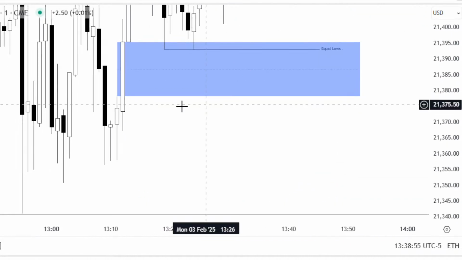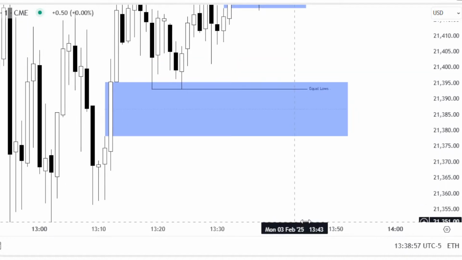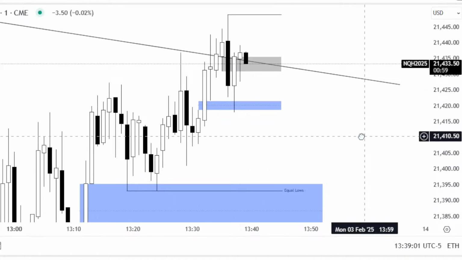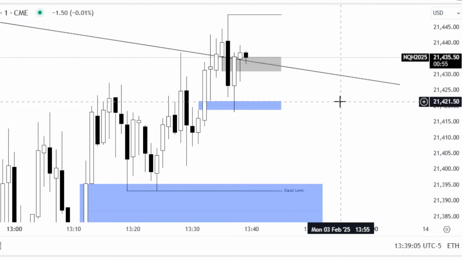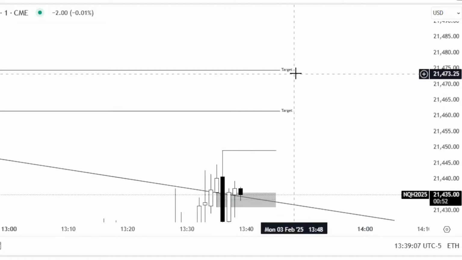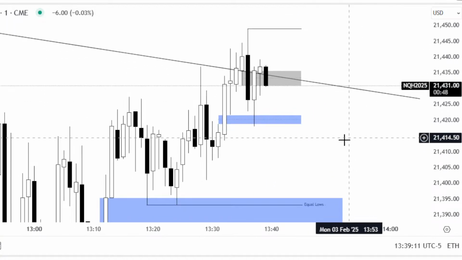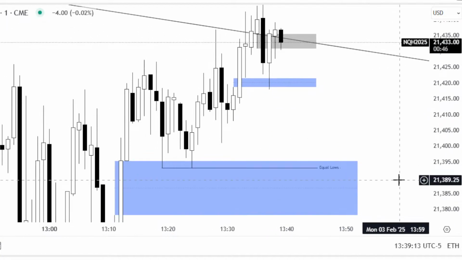Alright, then we've got liquidity lower down, but this is also pretty good. And maybe what we'll see is price going to our targets and then come down. So we're just going to have to sit and wait.